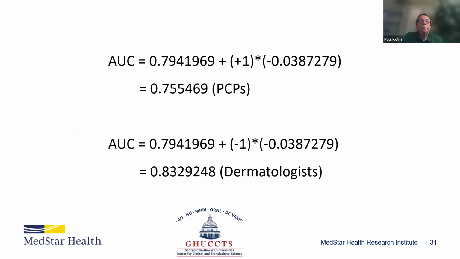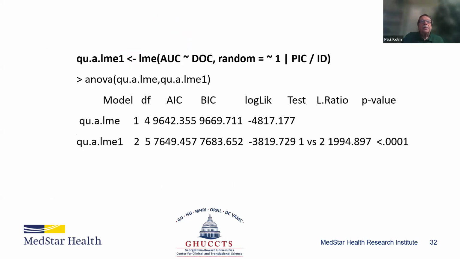And so when we actually calculate the AUC, we can see that the dermatologists have a better AUC than the PCPs. So now we're going to take into account both the patients and the raters, the doctors.